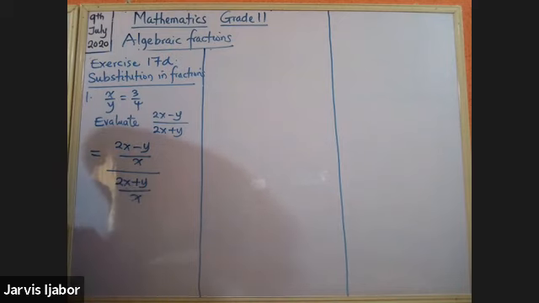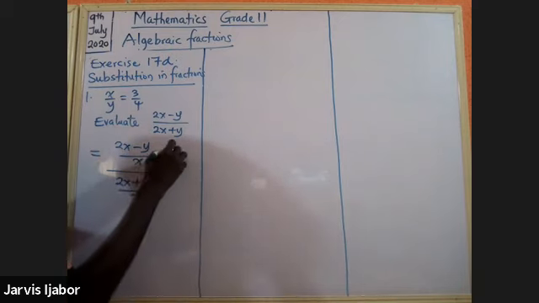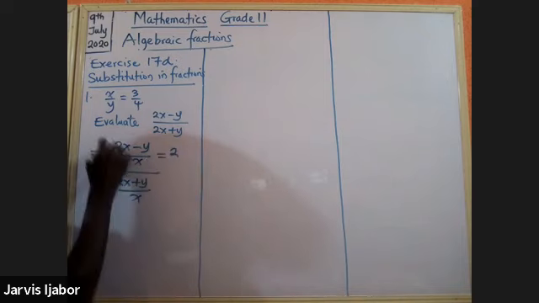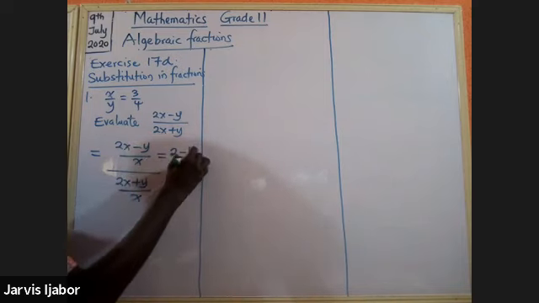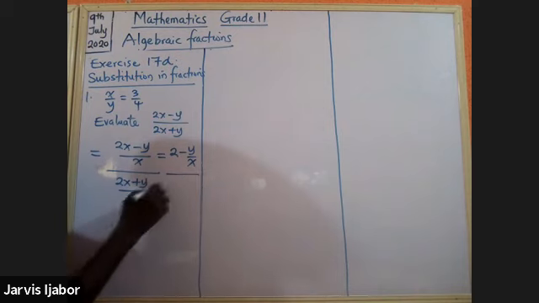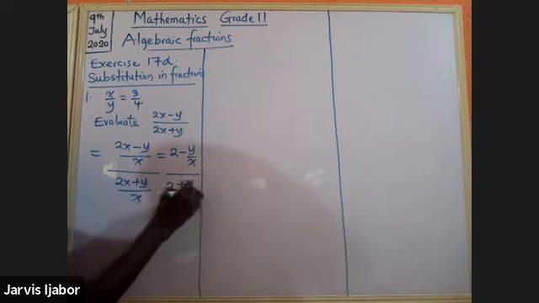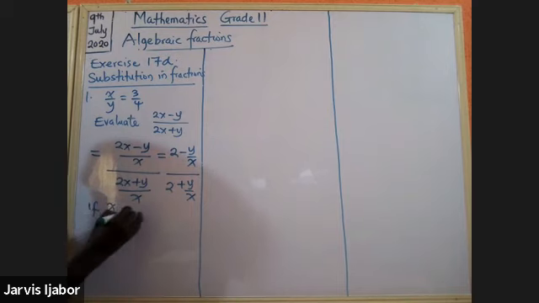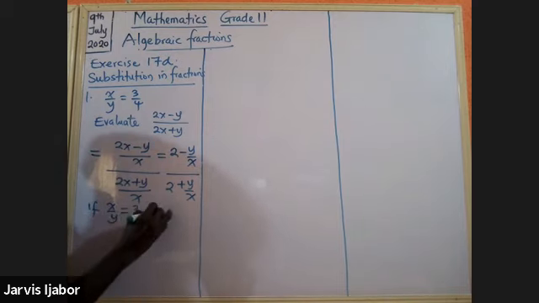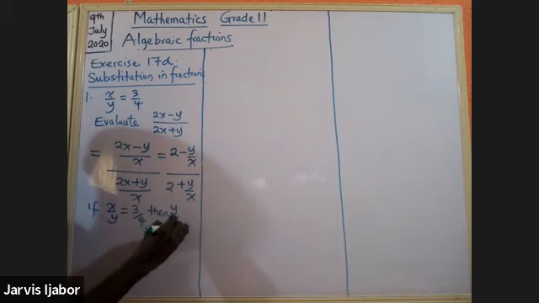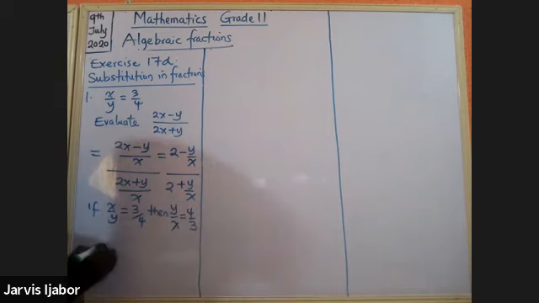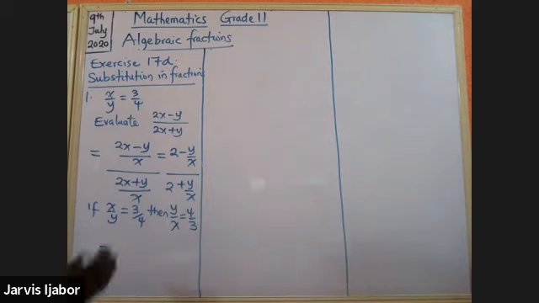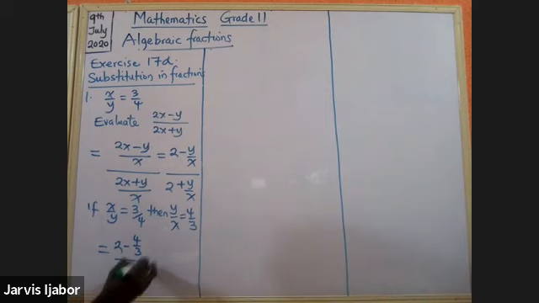Are you seeing it? So this will now be what? 2 minus y over x all over 2 plus y over x. So if x over y is equal to 3 over 4, then y over x will be equal to 4 over 3. So you make the substitution. That will now be 2 minus 4 over 3 over 2 plus 4 over 3.